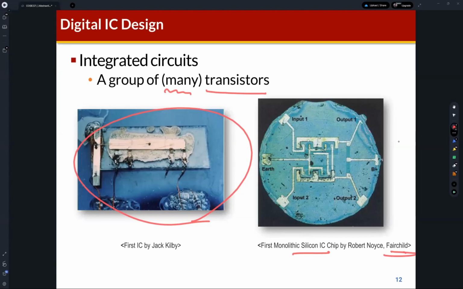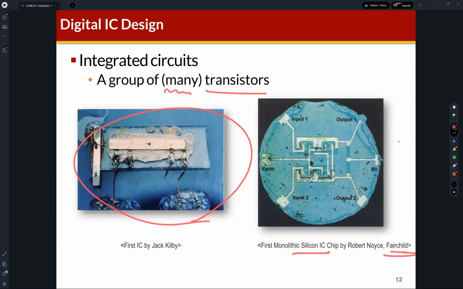I believe you don't know about Fairchild, but it is a pioneering company of the semiconductor industry. Maybe Fairchild was purchased by Intel later. This is also the photo of the first monolithic silicon IC.